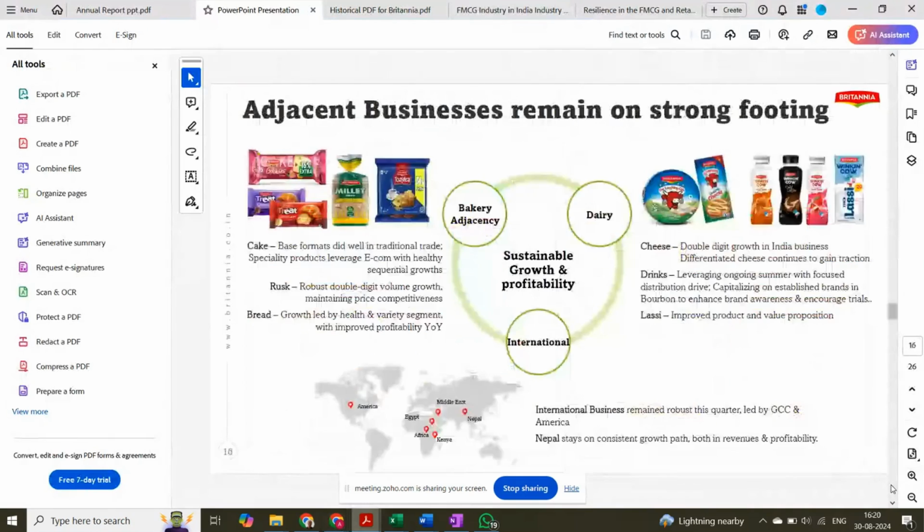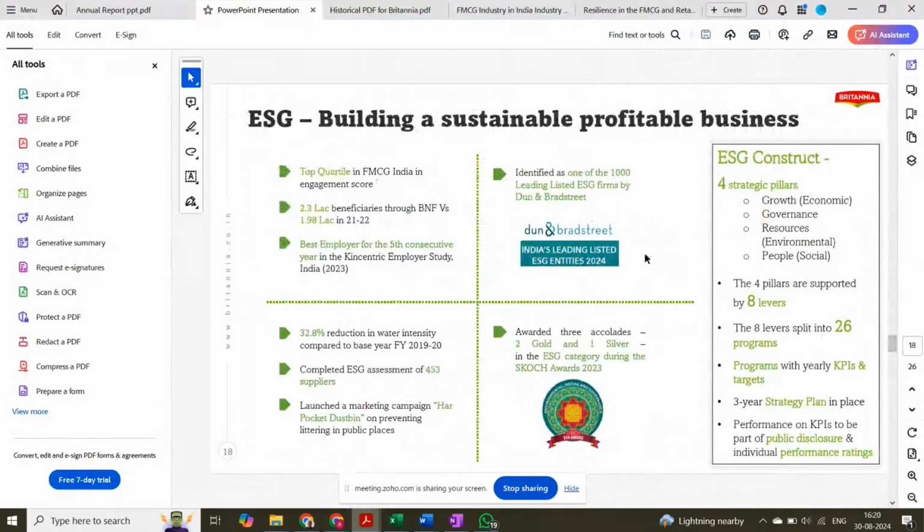So this is sustainability. Now, why is sustainability such an important topic today? In every annual report, in every company's thing, they all talk about the environment, and a key feature is how do we build a sustainable, profitable business? Which means reducing plastic. There are a lot of things in sustainability.